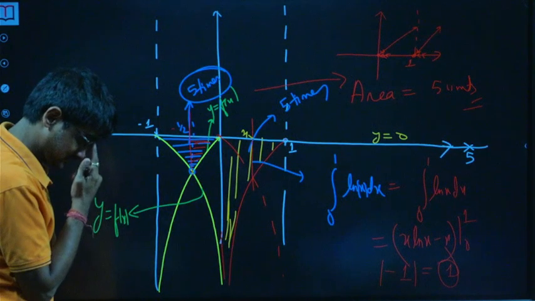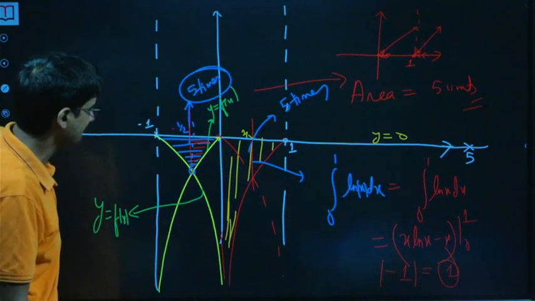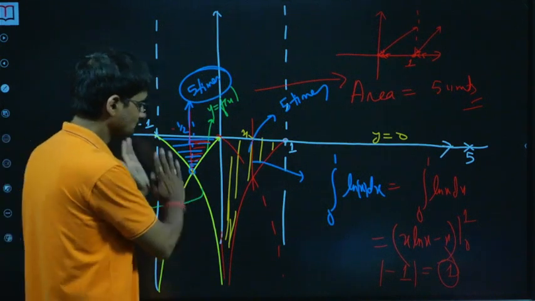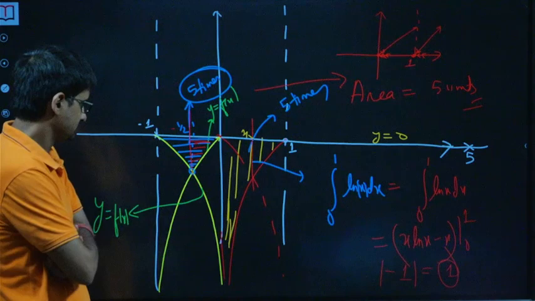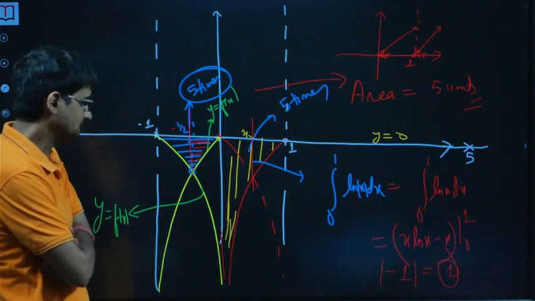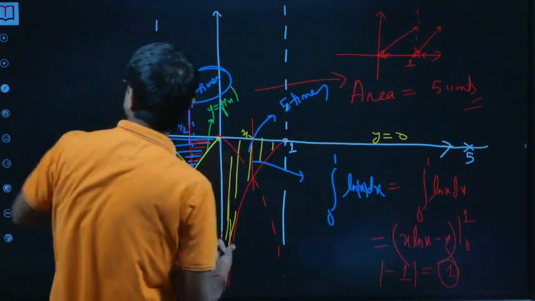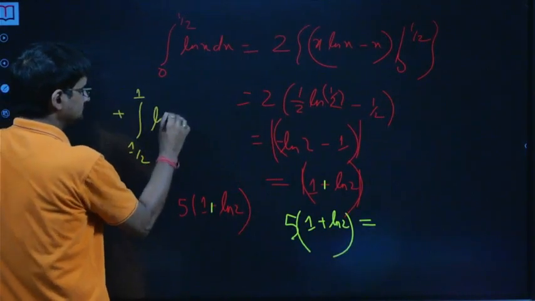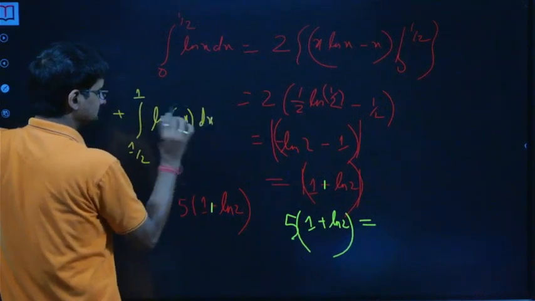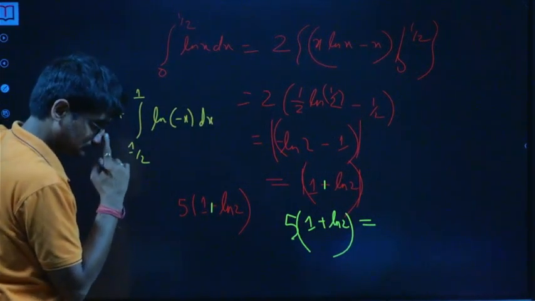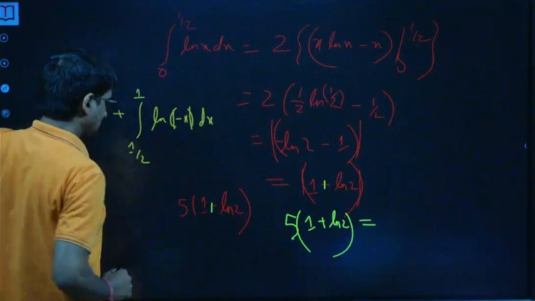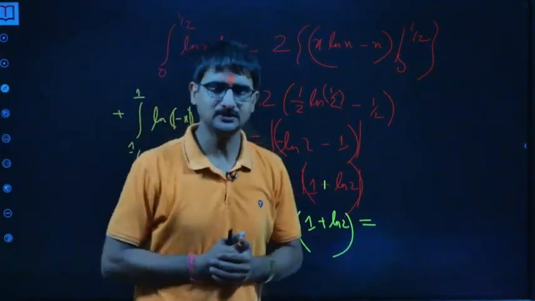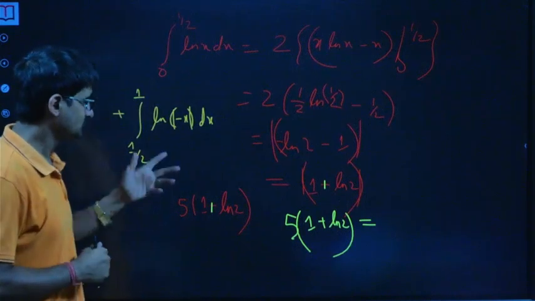In that case 0 to half will be what? ln of minus x. That's not possible, so we have to put mod, and when x is positive, mod has no meaning. Half to 1. We should get that thing.